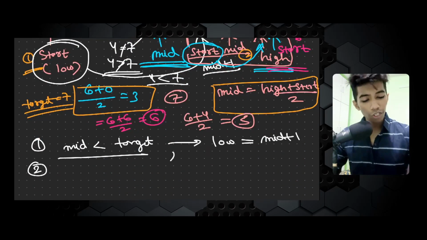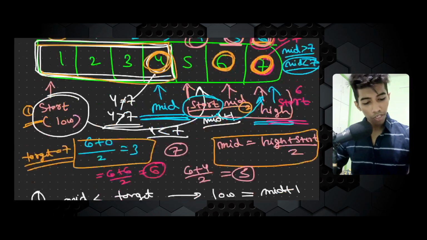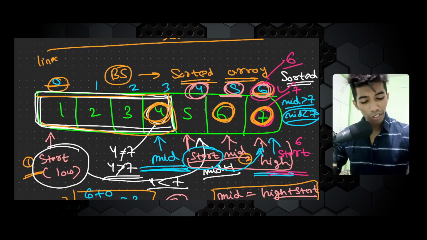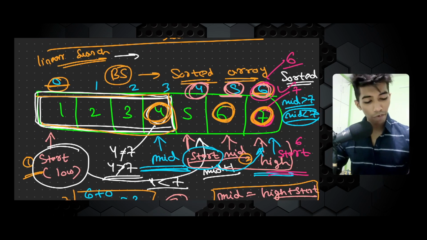So instead of searching it completely, I am getting my answer easily. If we go to the linear search, where I do the comparisons one by one, there will be 7 comparisons in total.